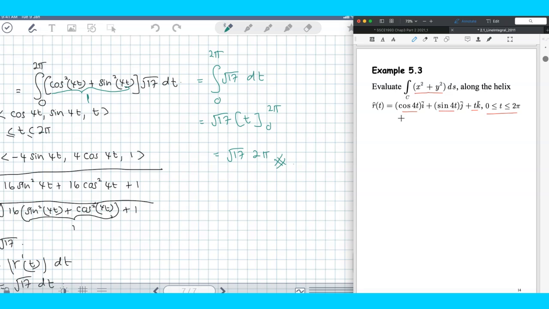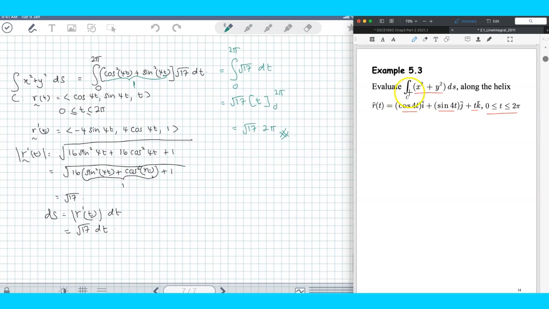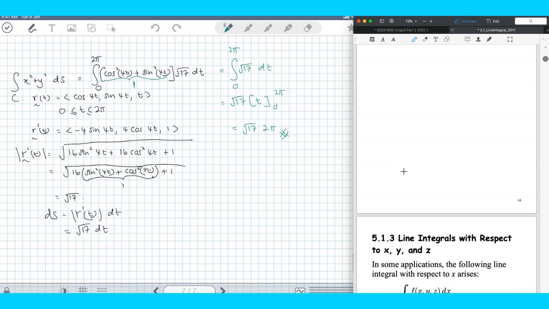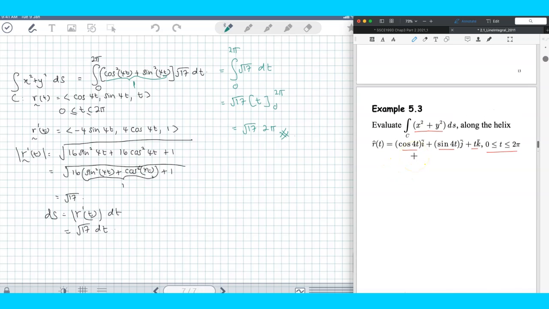So that is your answer for this particular line integral. Okay, so that is the line integral for a scalar field.